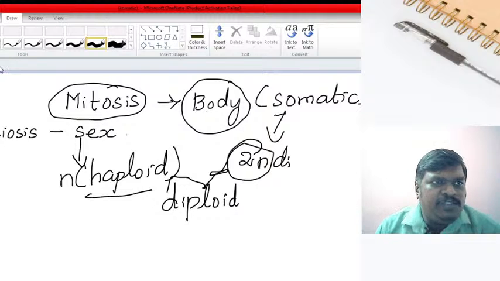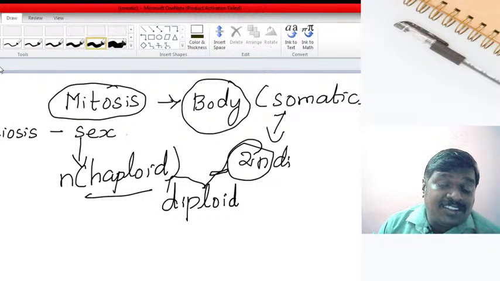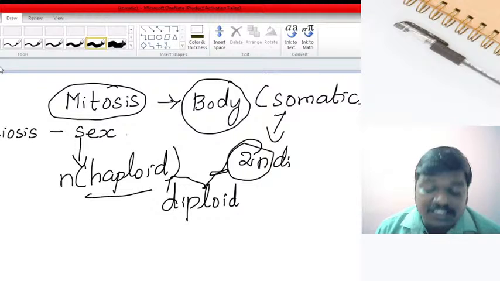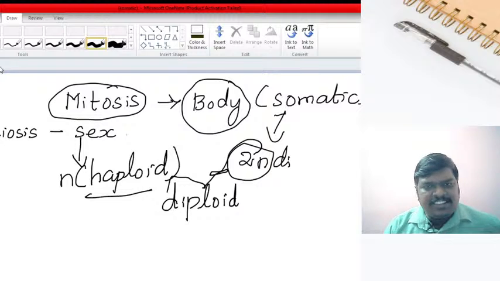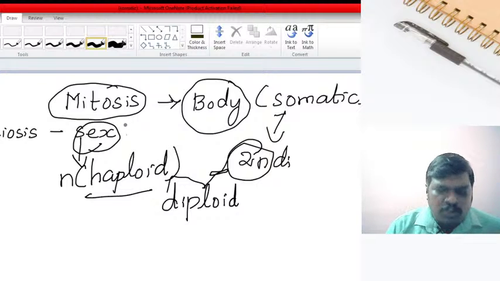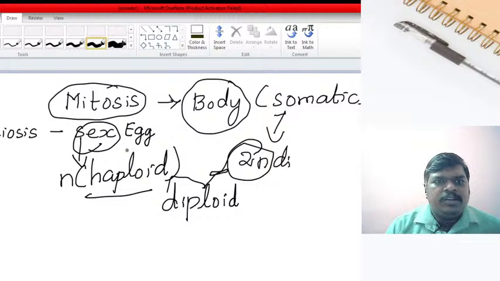So that is the main difference between meiosis and mitosis cell divisions. Mitosis cell division occurs in the body cells. Except the sperm and ovum, all cell division in our body is mitosis cell division. Whereas meiosis occurs in the sex cells, that is the egg or ovum, and in the case of male, the sperm.